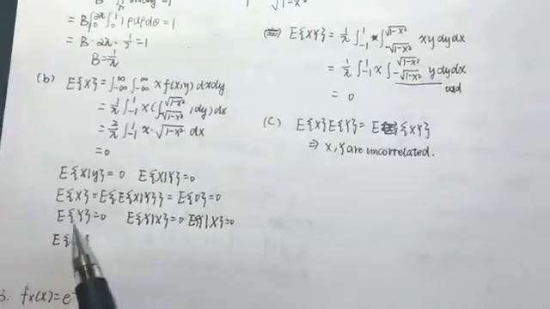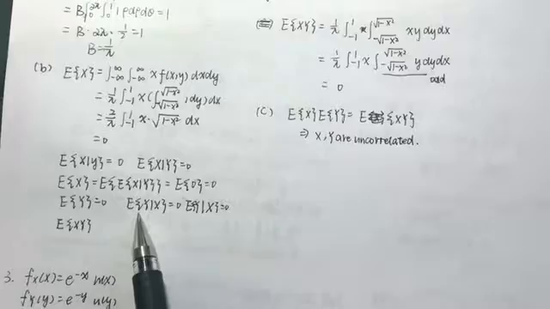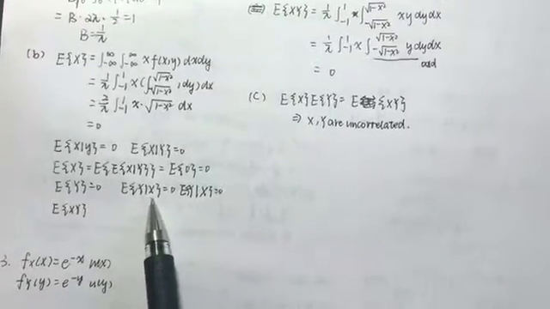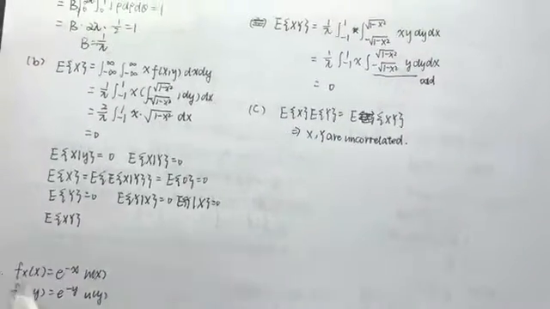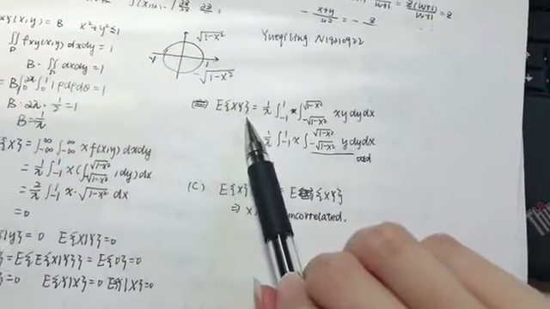Due to the symmetry, the expectation of y equals 0, and the expectation of y under the condition x also equals 0. Now let's come to the expectation of xy.